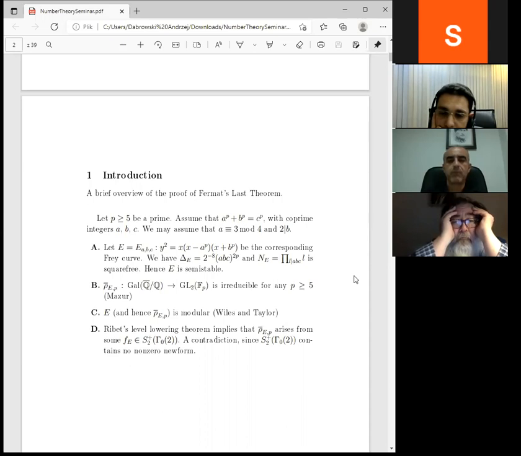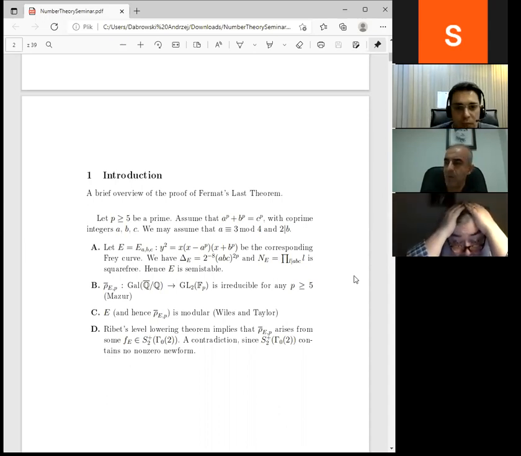Of course, modularity is known for every elliptic curve over the rationals, and not only over the rationals but over other number fields, in particular totally real ones, but I will not use it.